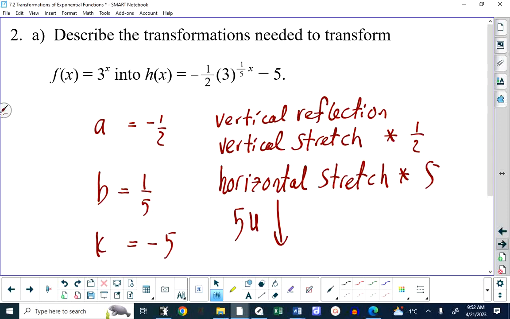H, by the way, is 0. The horizontal stretch is always the reciprocal of B. We're on the same page here?